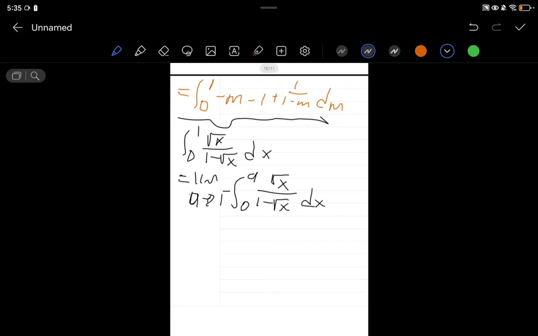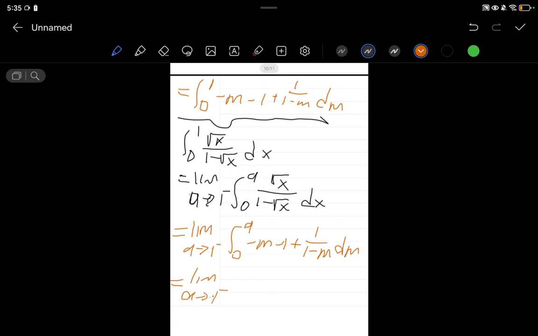And we know what this is equal to, right? I did it there. This is equal to the limit as a approaches 1 from the negative of the integral from 0 to a of minus m minus 1 plus 1 over 1 minus m dm, right? And this will be the limit as a approaches 1 from the left.